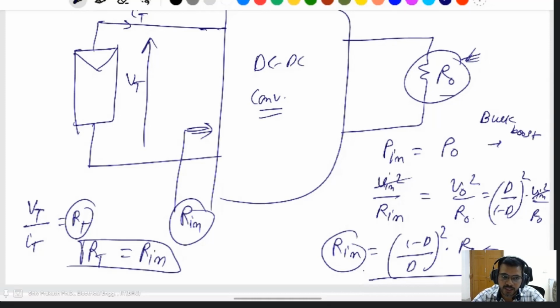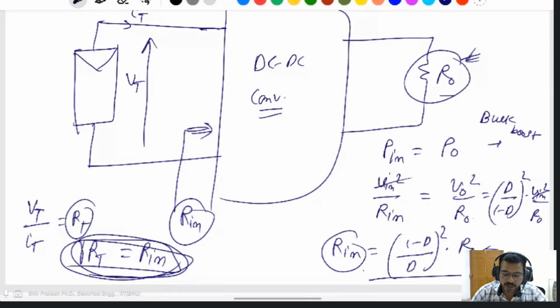You can't fix this, and that's why an algorithm is required to check where the maximum point is, and how to match RT to R in. If this matches, then maximum power will be transferred by the maximum power transfer theorem for the buck-boost converter.